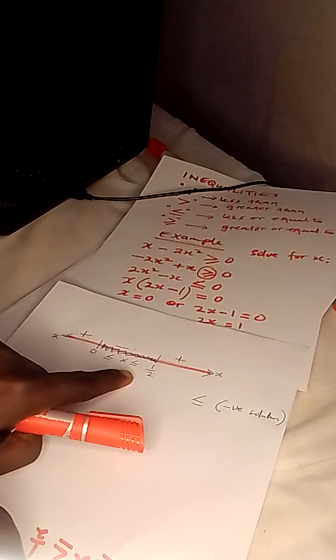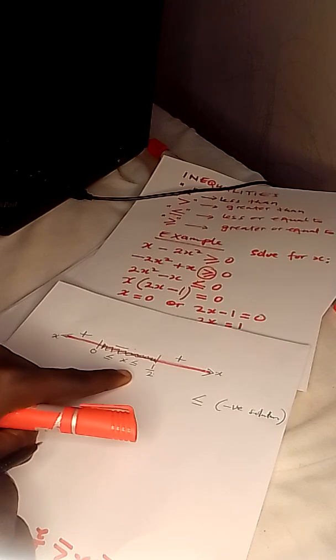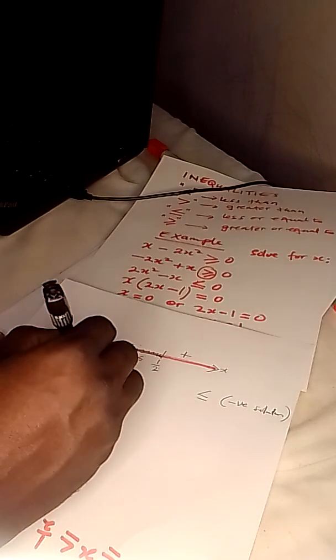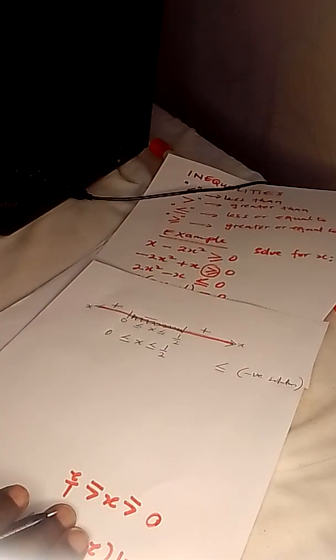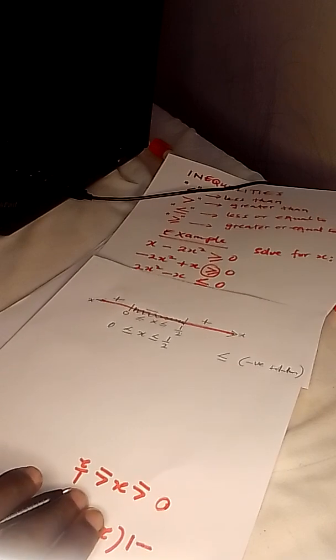Let us not repeat it again. Whenever you are writing the answer, keep the sign to the left all the time. So therefore here our final answer is 0 is less than or equals to x, less than or equals to 1 over 2. This will be your final answer for this question.